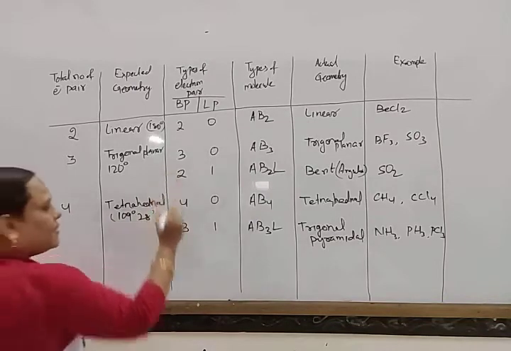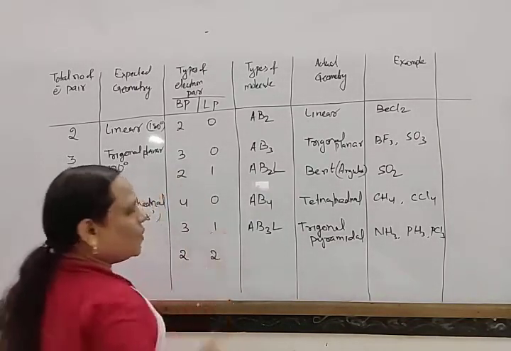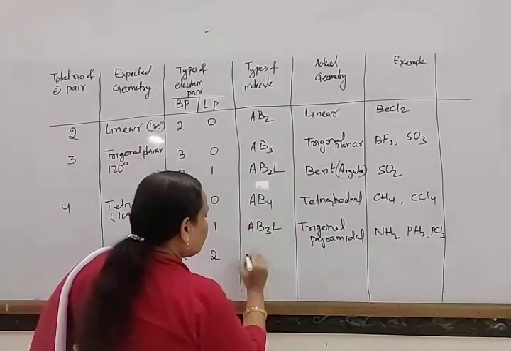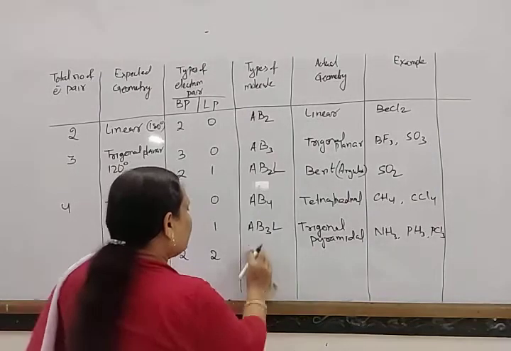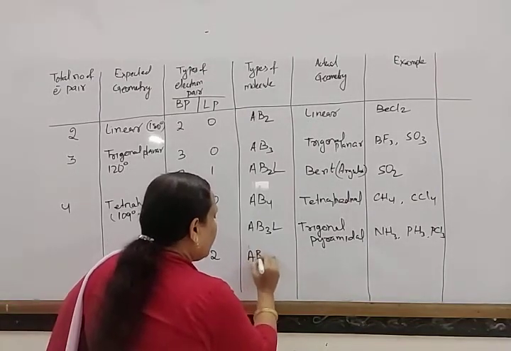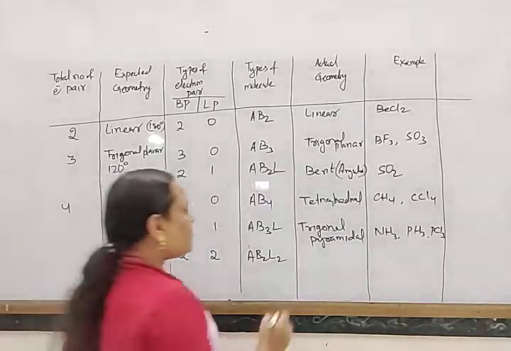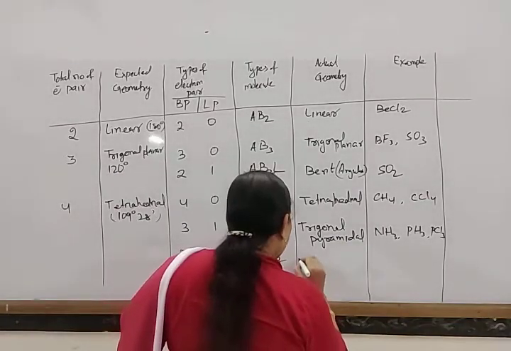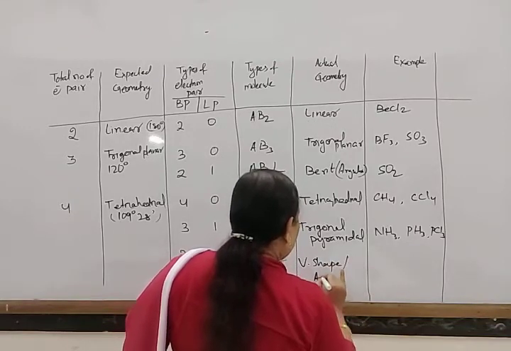Similarly, another arrangement is possible with 2 lone pairs and 2 bond pairs. This molecule type is called AB2L2 type, with 2 lone pairs. Its shape is now V shape, or we can say angular shape.